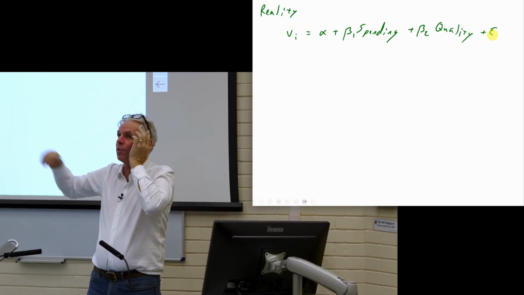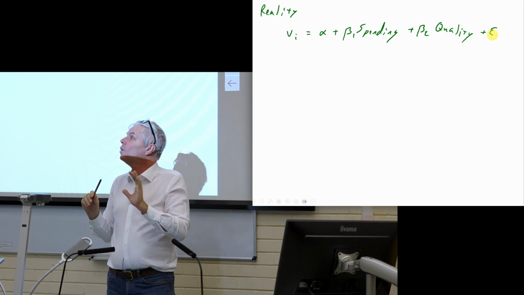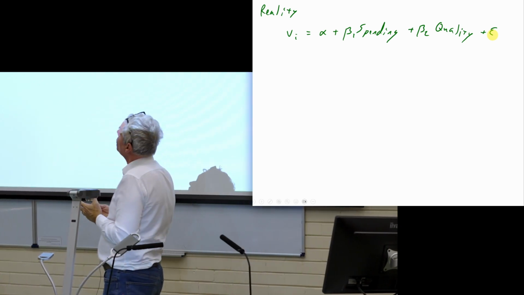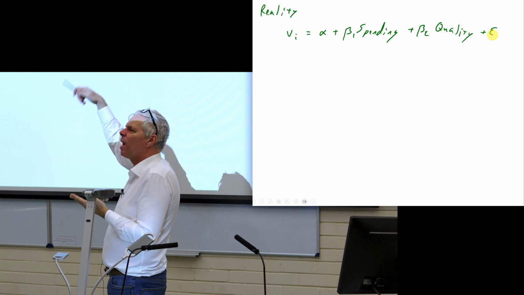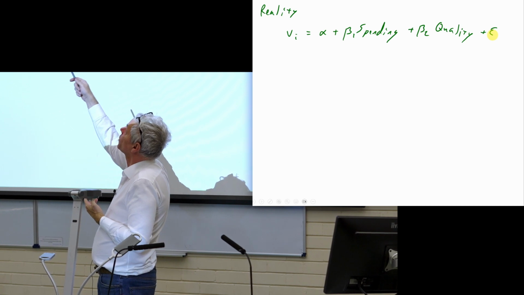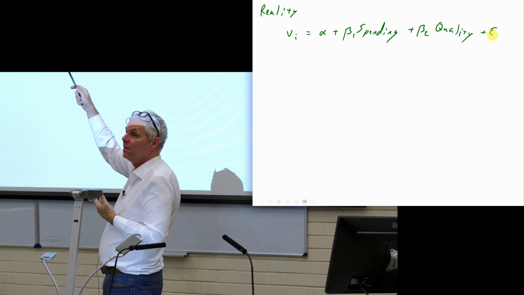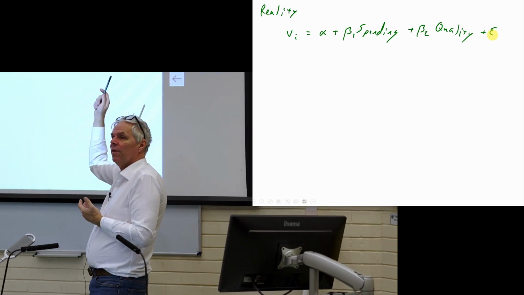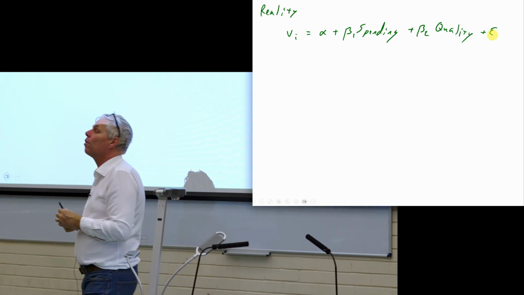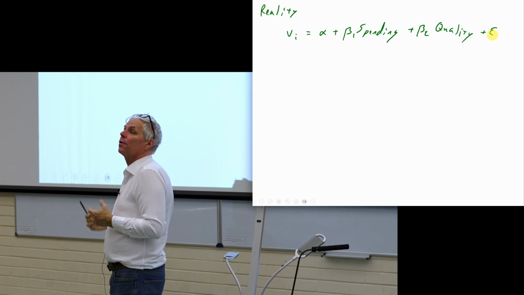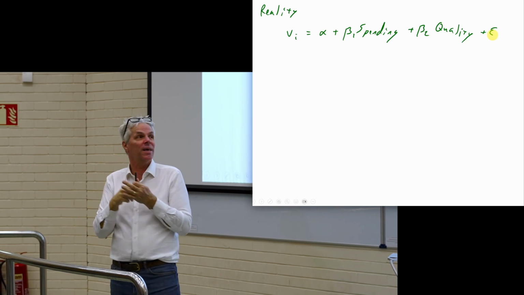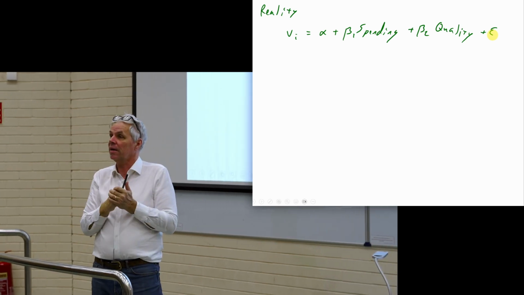Now, there's going to be other stuff in the regression as well, but we want to focus just on the important bits. This is how elections work. The amount that people vote for you depends on an alpha, which probably has to do with your party or whatever, so I get some base level of voting. And then it depends linearly on how much you spend and the quality of you as a candidate. Here we're really thinking how different in quality you are from the other guy. You're going to get more votes if you spend more than him, more votes if you have higher quality than him, and fewer votes if you have lower. So this is really the difference in the quality between the candidates.